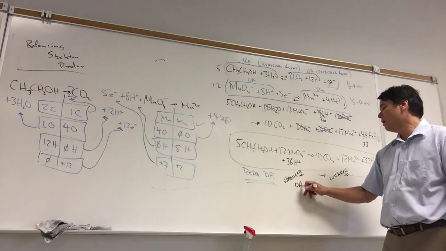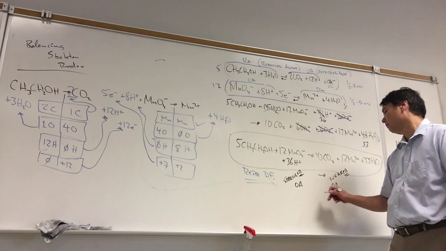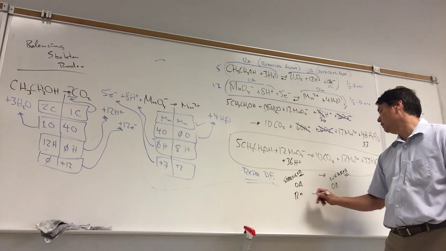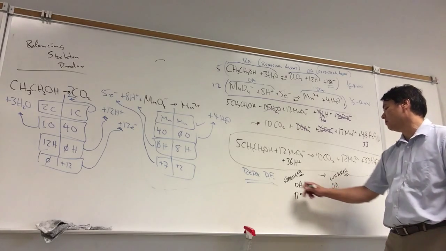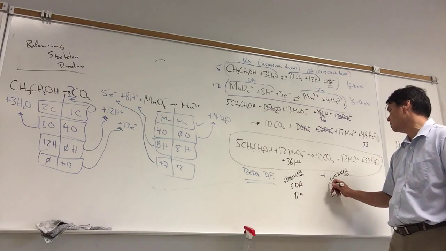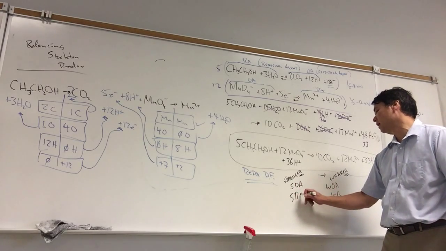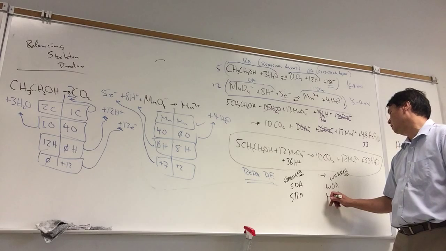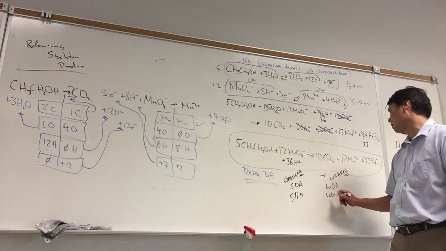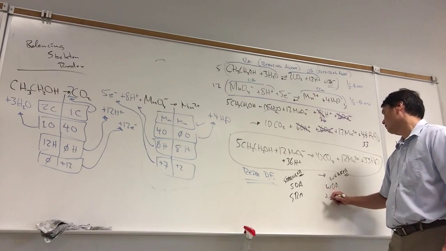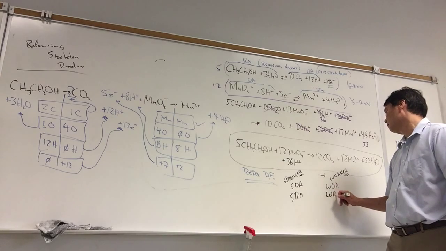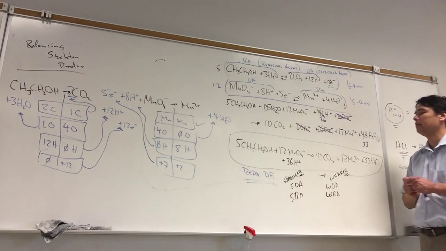Stronger OA to weaker OA, stronger RA to weaker RA. The way I write that is SOA to WOA, SRA to WRA.